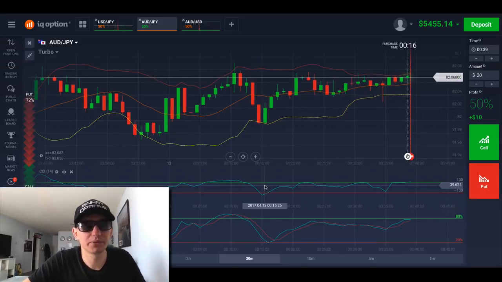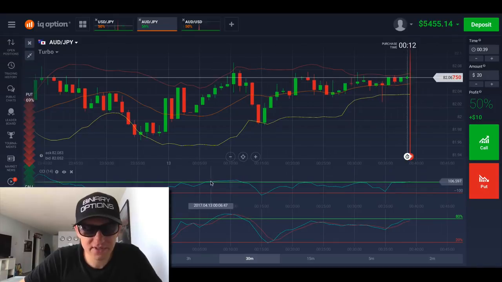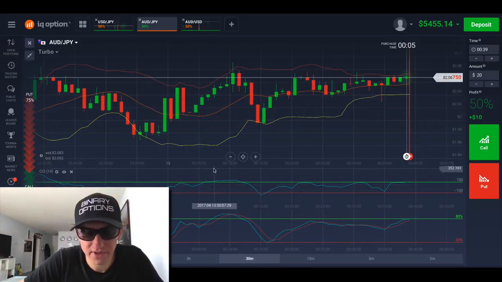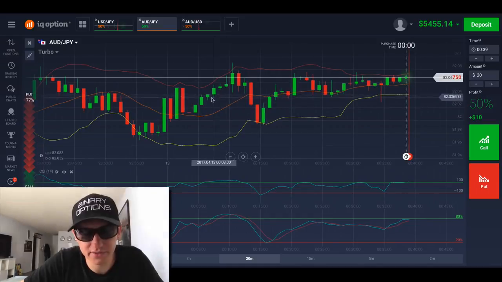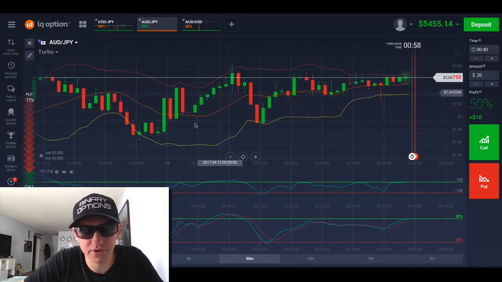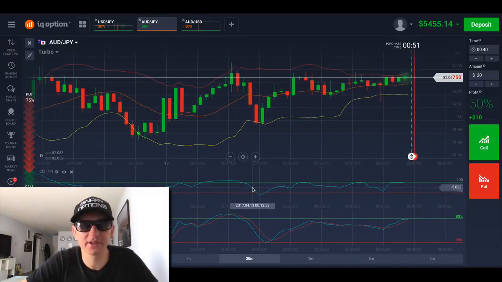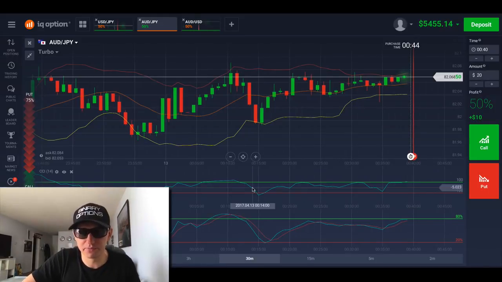Basically, whenever you see the breach, let's say for example of the upper line, it means that there is an upward trend happening, and just like here there is the breach, and we do see the upwards trend. Whenever it goes back to the 100 minus 100 level, it means that the trend eventually lost its steam and the price is going back to the previous position.